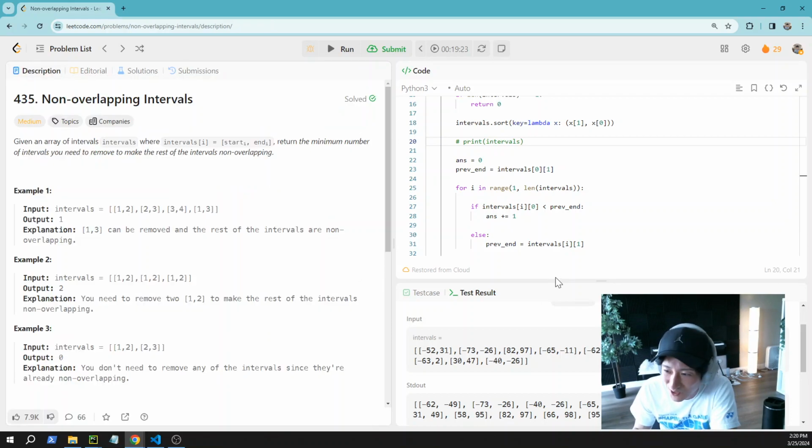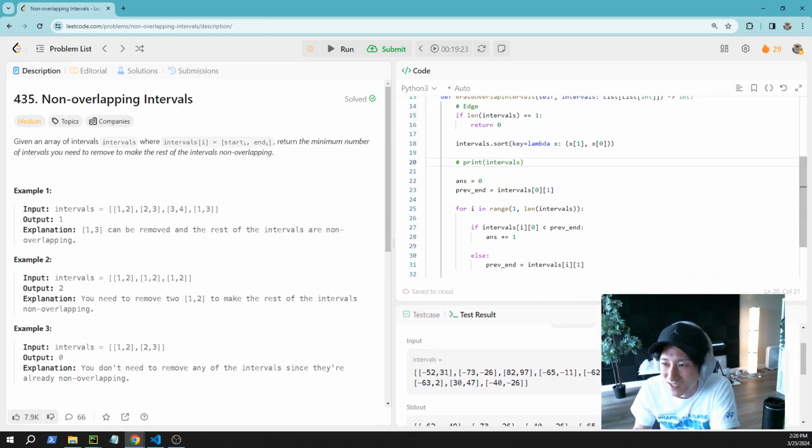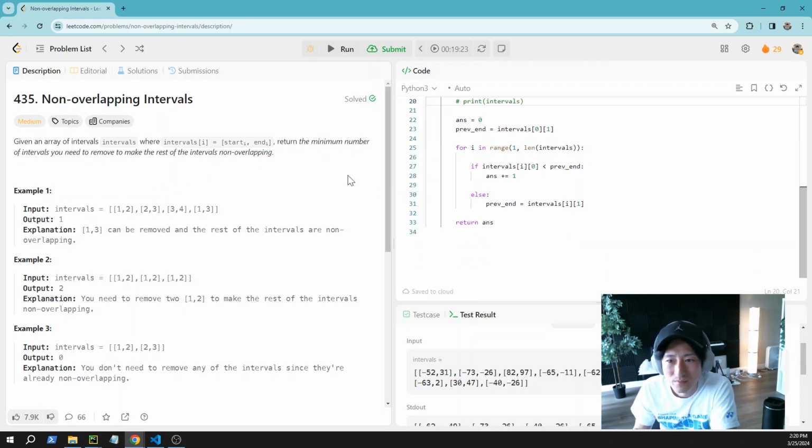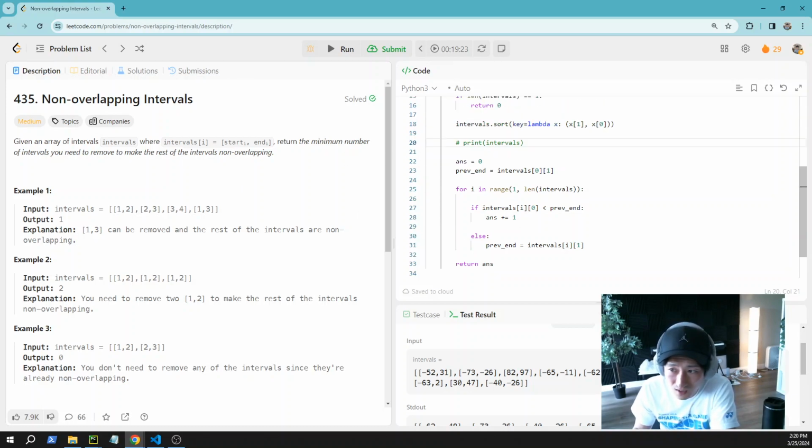But what's the logical way of explaining it? So it looks like this is a greedy type of question, and to check whether overlap happened, we are going to compare the start with the previous ending.